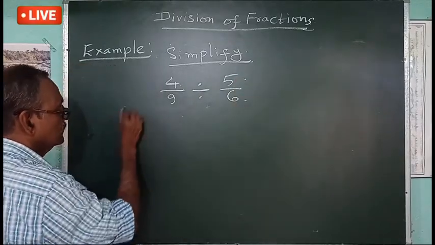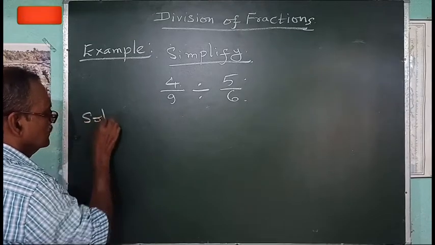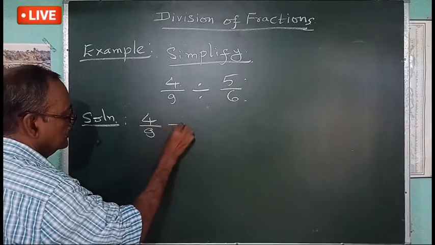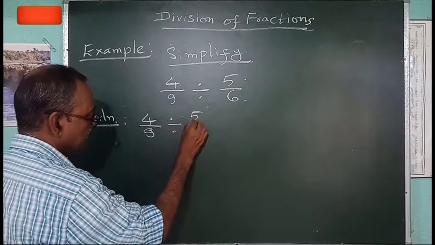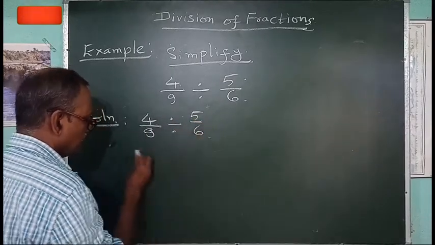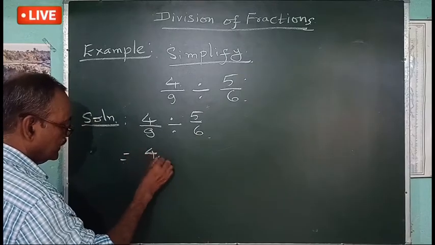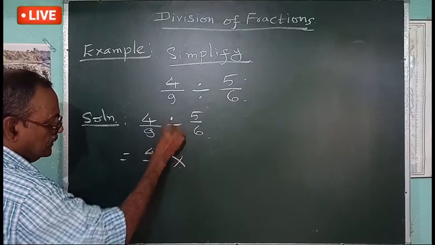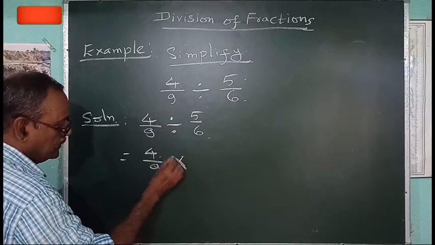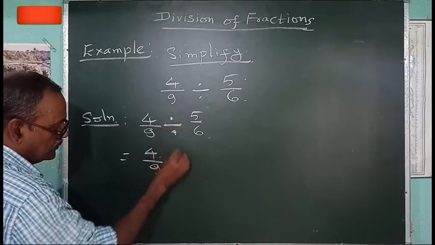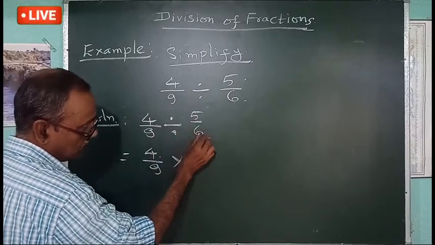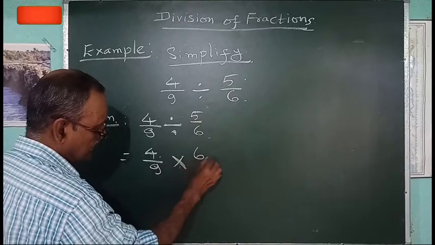So in this case, solution: 4 by 9 divided by 5 by 6, which is equal to 4 by 9. Change the division sign into multiplication sign, and get the reciprocal of 5 by 6 as 6 by 5.